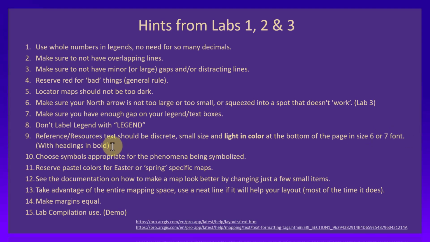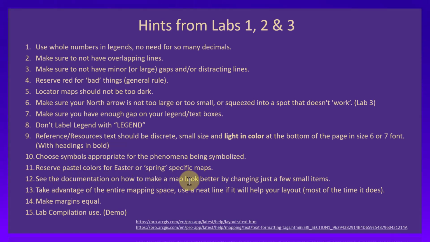Make sure your headings are in bold. We've gone over in class how to do so. Be sure to use the features of the application to make your headings bold. Choose symbols appropriate for the phenomena being symbolized in your map. Reserve pastel colors for Easter or spring specific maps.